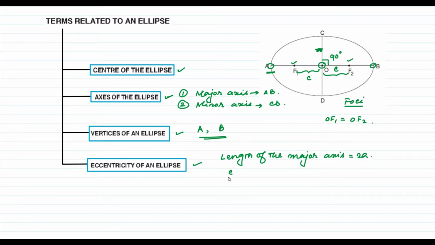Then the ratio c by a is always constant, and it is called the eccentricity of the ellipse. We have already discussed that the result of this constant is less than 1.